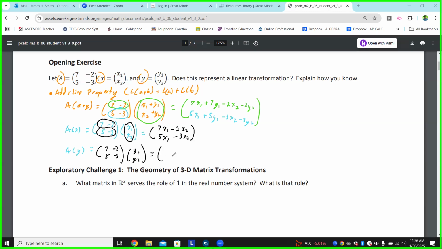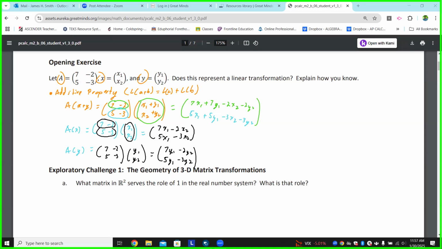What would that give me? Very good. It'd be the same thing. So it'd be 7, Y1 minus 2, Y2, then 5, Y1 minus 3, Y2.